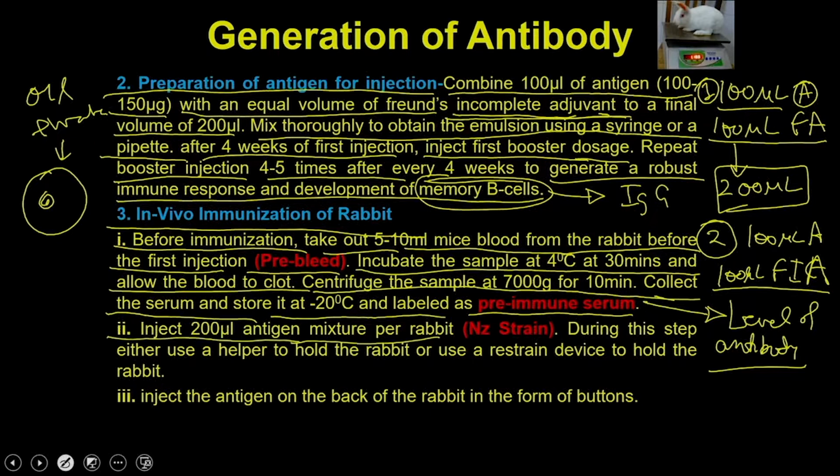After this, you inject the injections you have prepared, either in the complete adjuvant or the incomplete adjuvant, into the rabbit, which is the NZ strain, the New Zealand strain. During this step, either use a helper to hold the rabbit or use a restraint device.